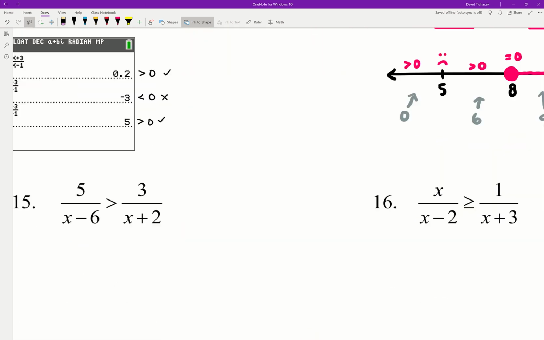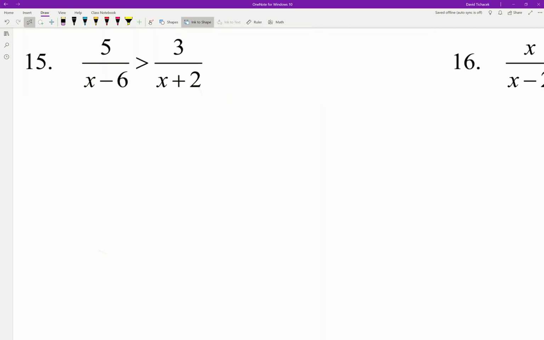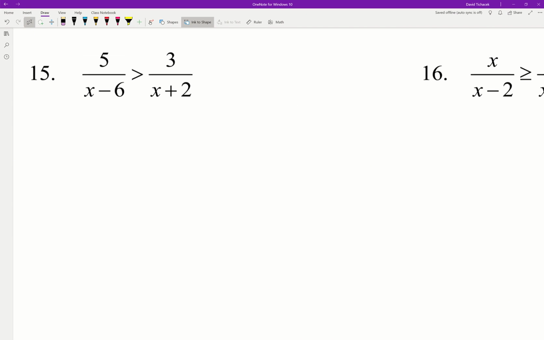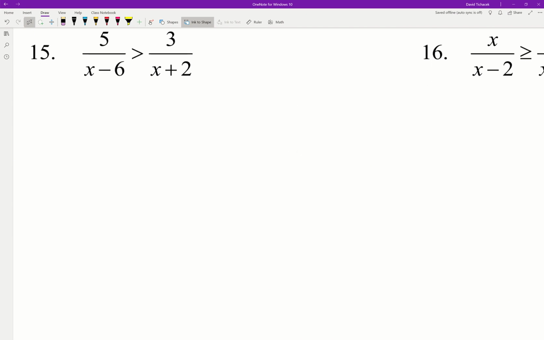Let's demonstrate that with this example, number 15, and perform those first couple of steps. I'm going to start by subtracting the right-hand side from both sides of this inequality. So I have the 5 over x minus 6 on the left that was already there.